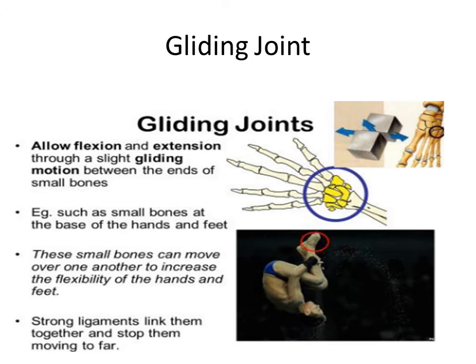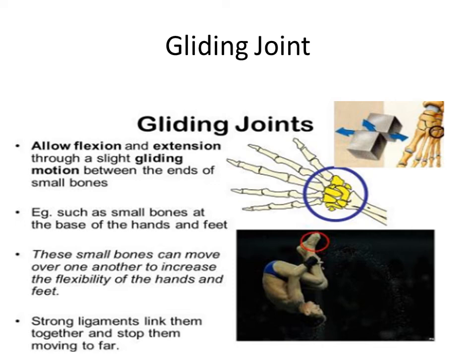Gliding joints now. These joints also allow flexion and extension through a slight gliding motion between the ends of small bones. These would be, for example, bones at the base of the hands and feet. Alright?